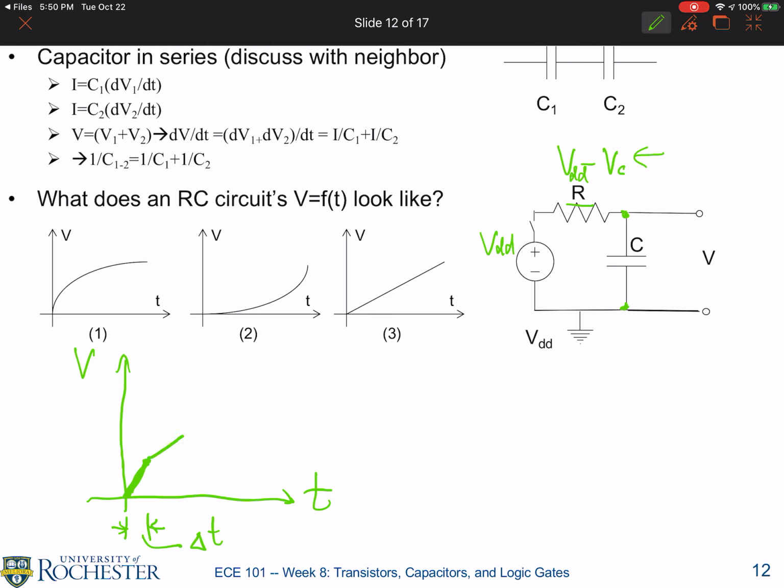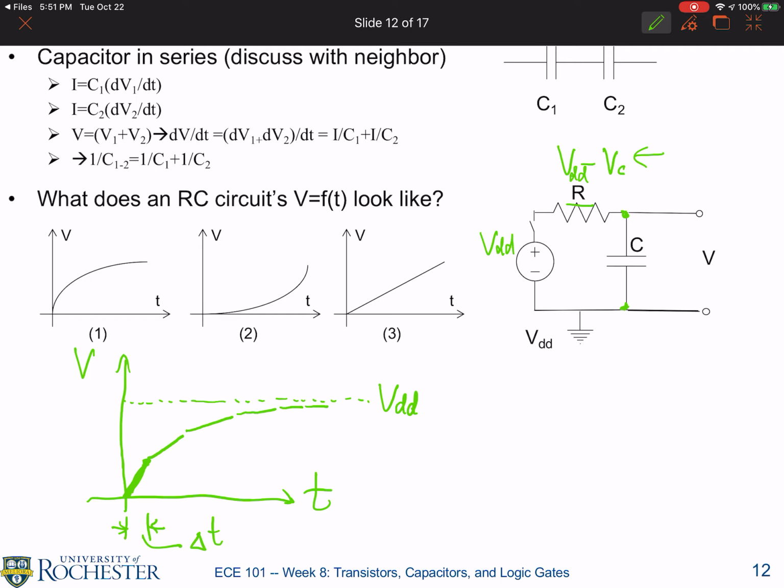And the one after that, a bit smaller still. And so on and so forth until the V of the capacitor approaches the asymptote, which is VDD, because once it gets there, the current will completely stop. But will it really get there?